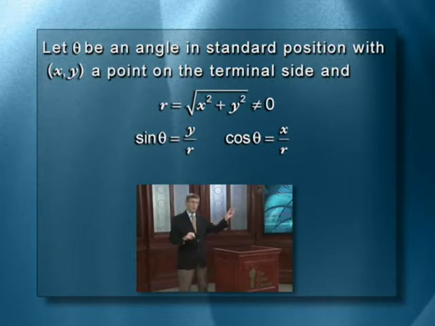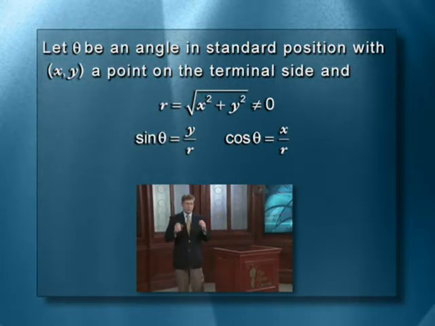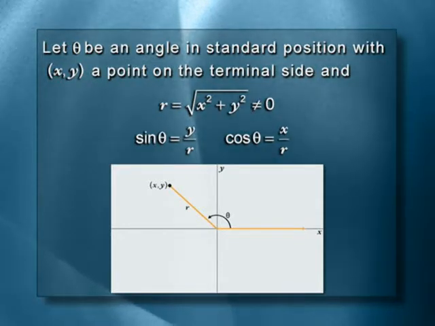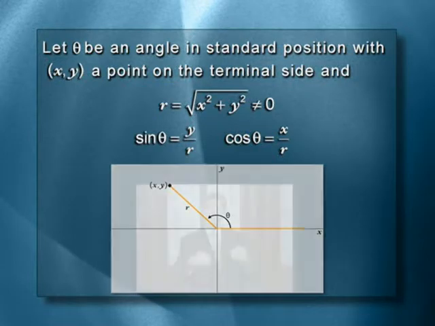And the other 4 trigonometric functions were also defined, but today I'm going to focus on sine and cosine. Here's a picture of what we're talking about. x, y is the terminal point, r is the distance to the origin, sine is y over r, cosine is x over r.